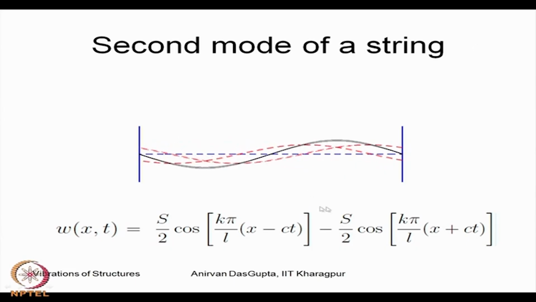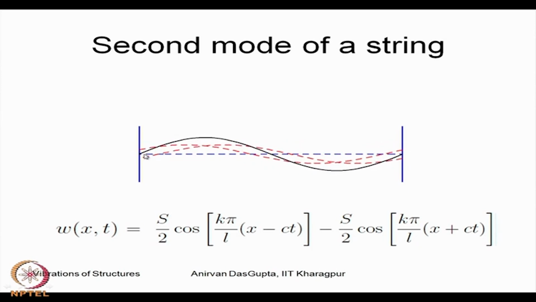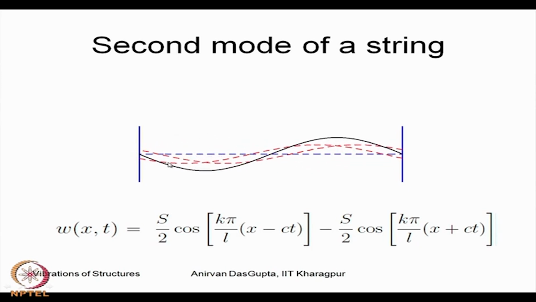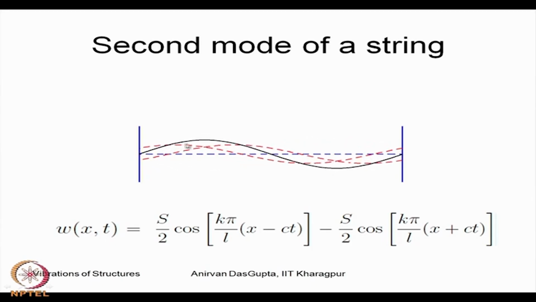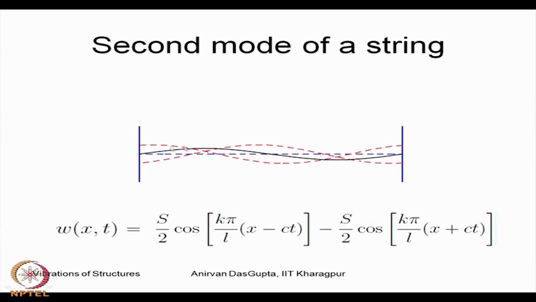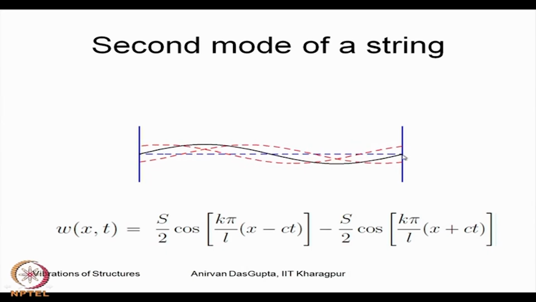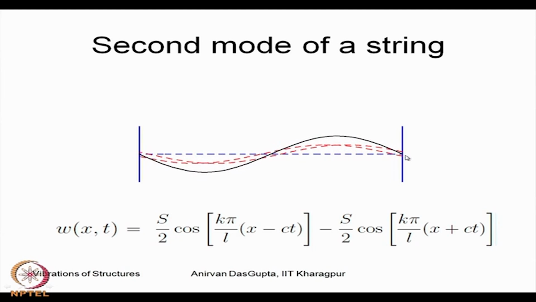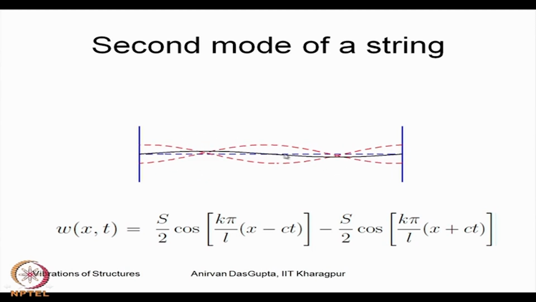The black curve shows the actual configuration of the string. So, if you follow this crest, then this is a negative travelling wave and there is a positive travelling wave. Now, these two waves do not satisfy the boundary conditions as you can see, but their superposition does. So, the superposition is shown in black.